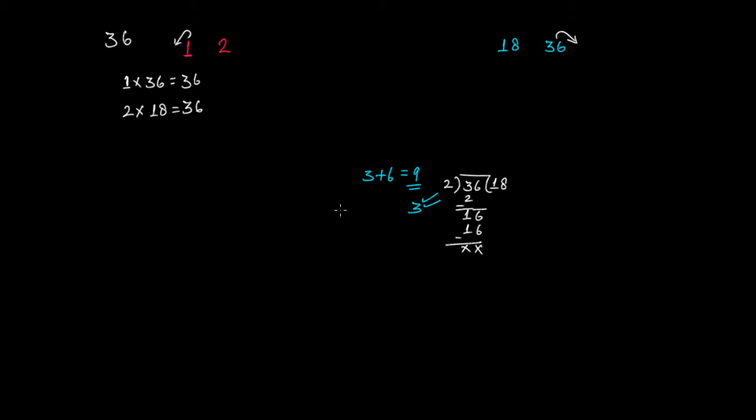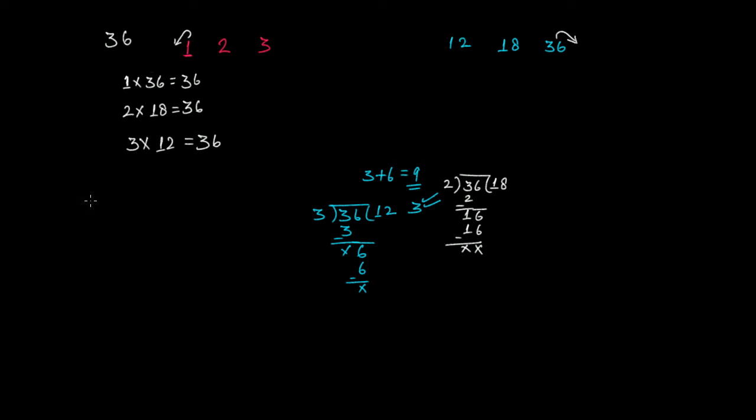By how much? 36 divided by 3 is 12. So 3 times 12 will be 36. Since 3 is the smaller one, we'll write 3 here, and 12 is the greater one, we'll write 12 here.